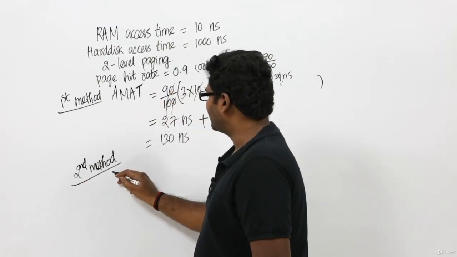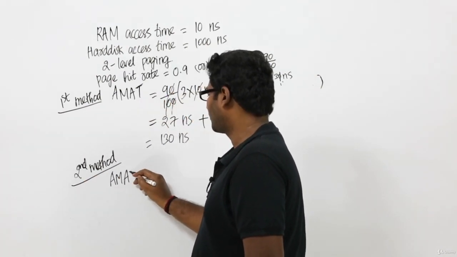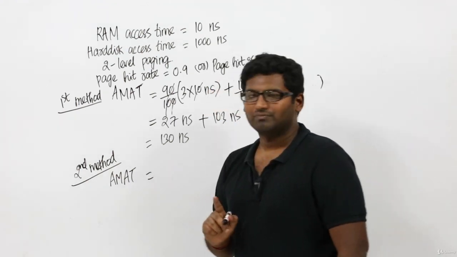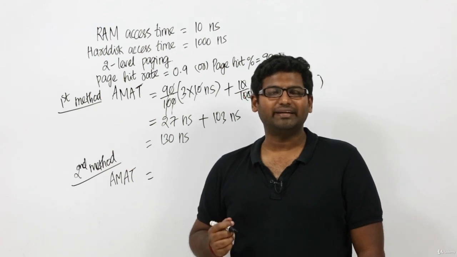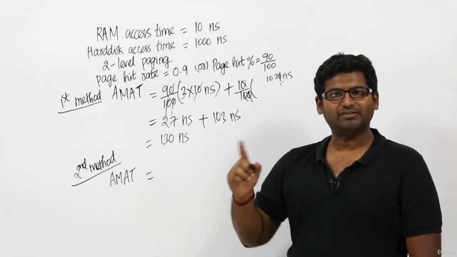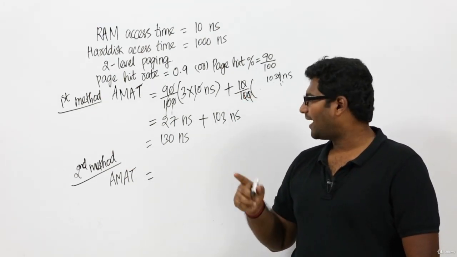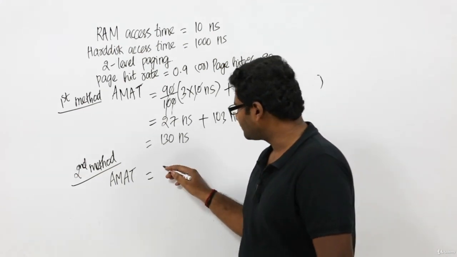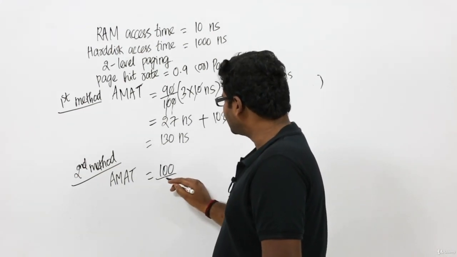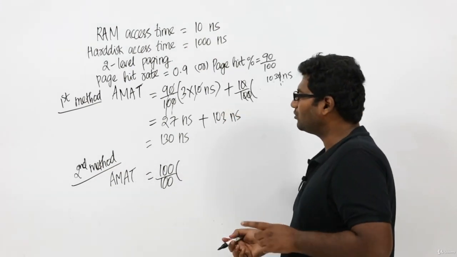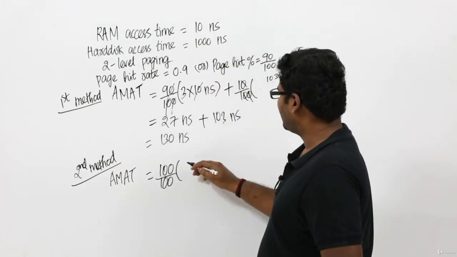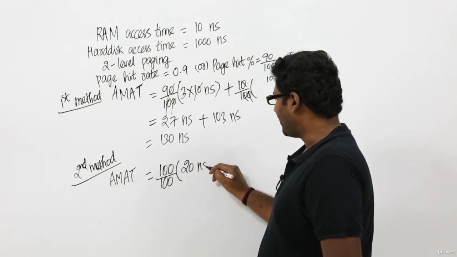See, coming to the second method, one thing is for sure, we are going to have three memory accesses, right? Because initially we will access both the page tables. So 100% of the times I am going to access both the page tables. For that it will take 20 nanoseconds. Fine.